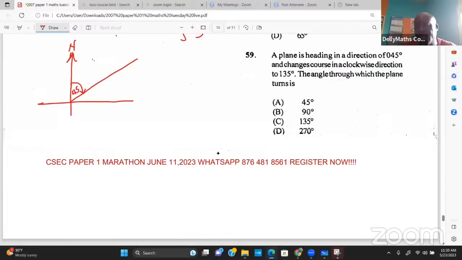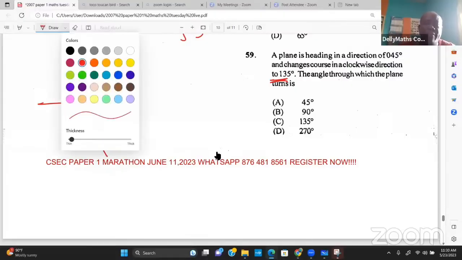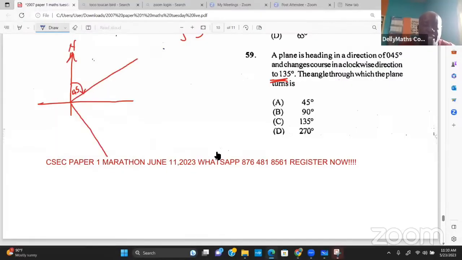Now, they're suggesting that the plane has now gone to 135. But where does 135 come from from a bearings perspective? It still comes from the north of the point here. So it's going to go all the way here. 135 would encompass that 45 and go on some more.